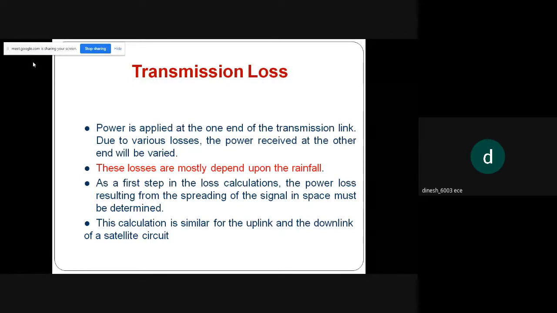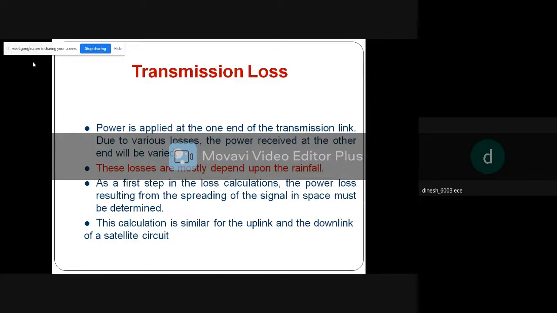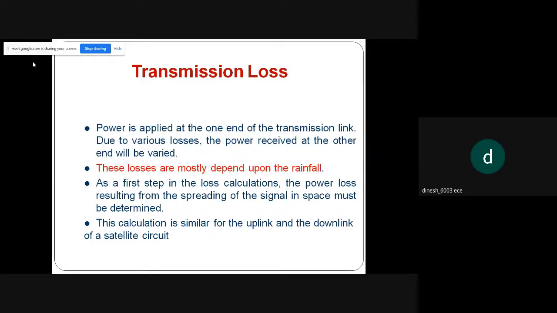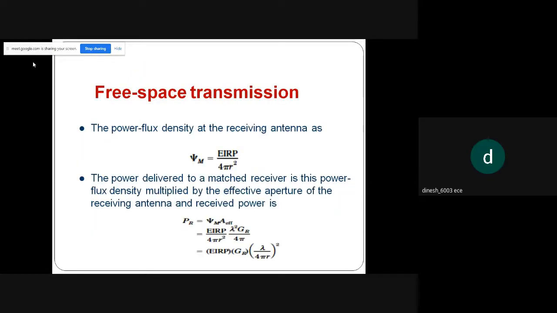As a first step in the loss calculations, the power loss resulting from the spreading of the signal in space must be determined. This calculation is similar for the uplink as well as the downlink of a satellite circuit. So let us see the first transmission loss, which is free space.